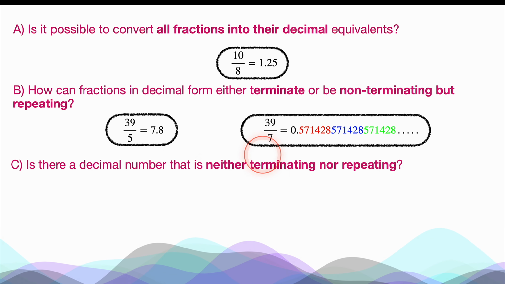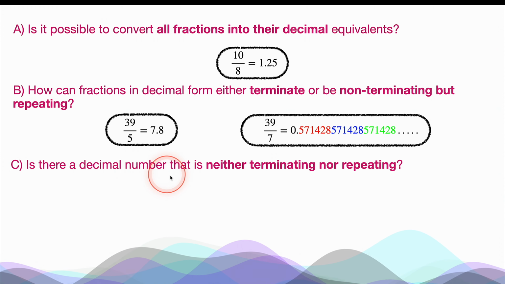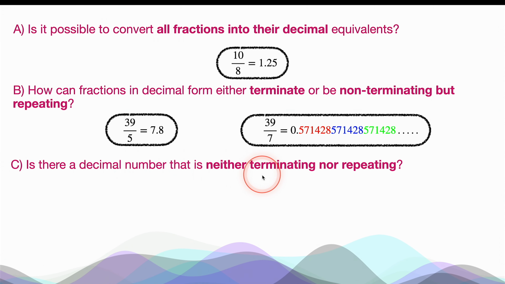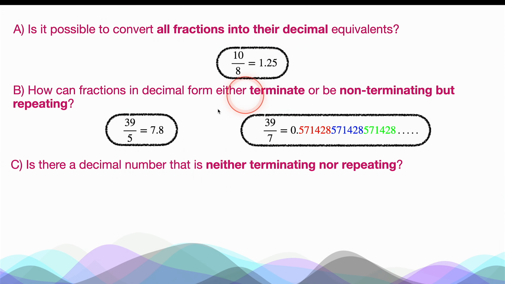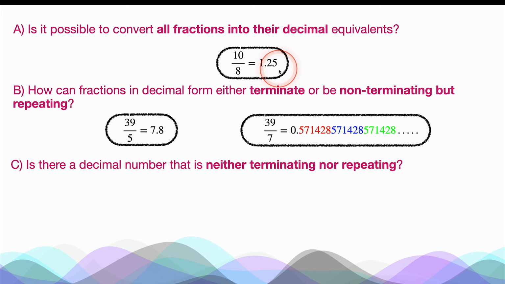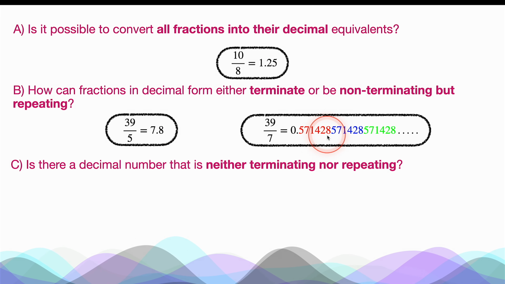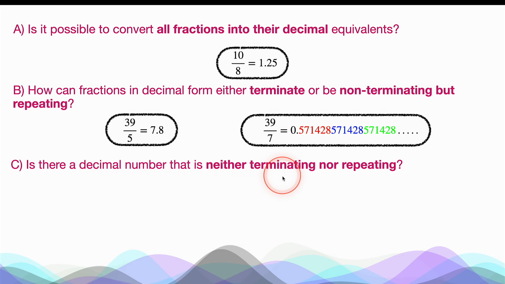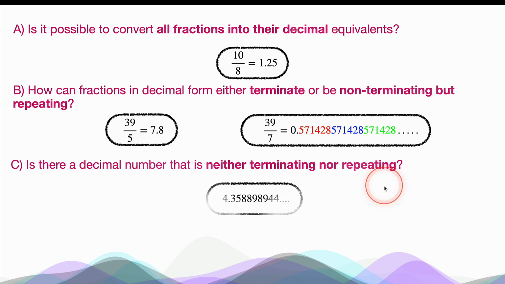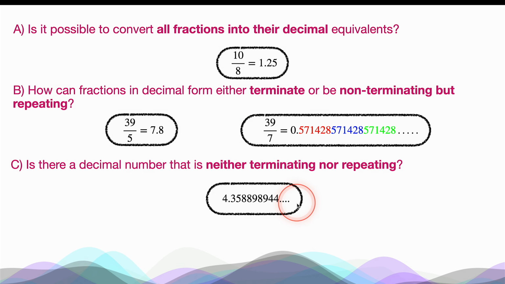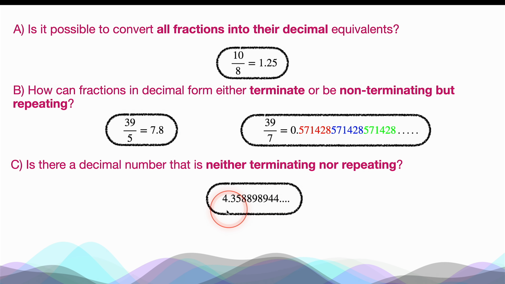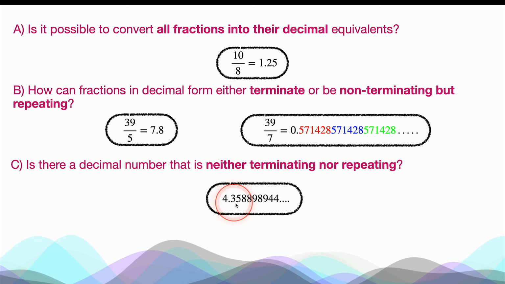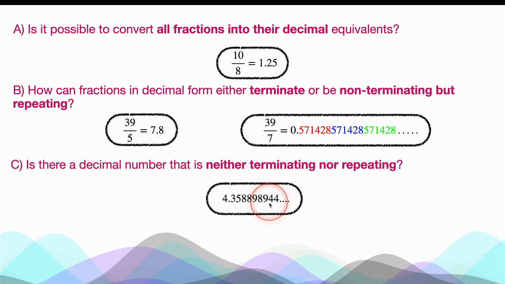And then, is there a decimal number that is neither terminating nor repeating? We saw a few decimal numbers which are either terminating or non-terminating repeating. Now, can we think of a decimal number that doesn't terminate and doesn't repeat? Let's say you look at this particular decimal number, 4.358898944.